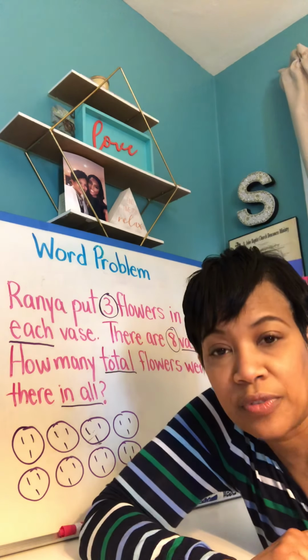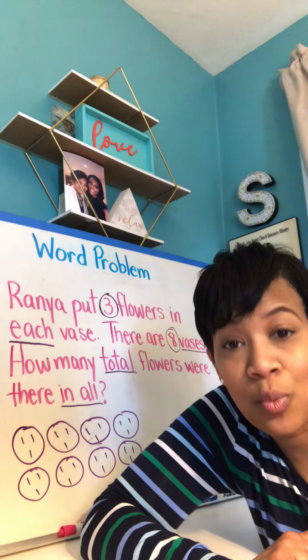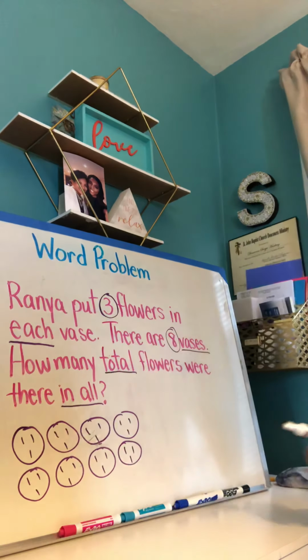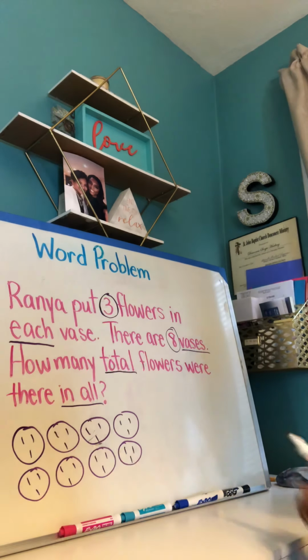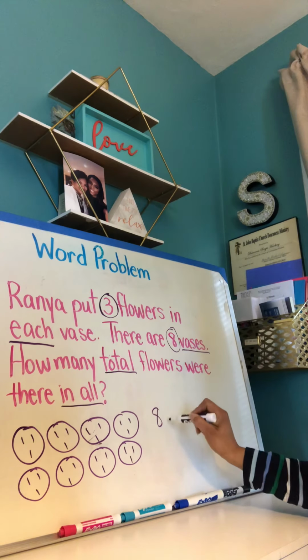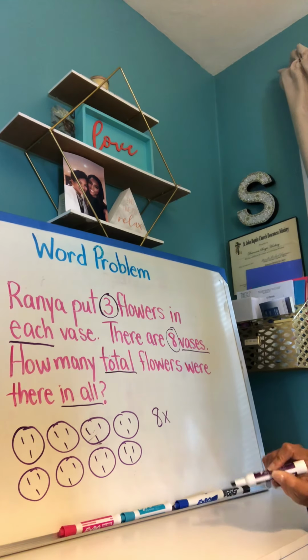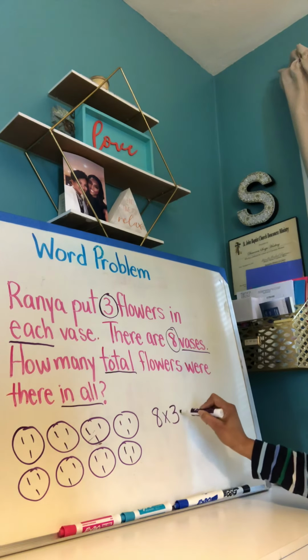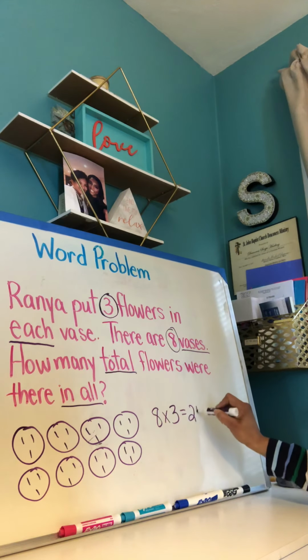So how many total flowers were used, boys and girls? 24. Very good. So I can also write this as a multiplication equation. I have 8 vases, 3 flowers in each vase gives me a total of 24 flowers.